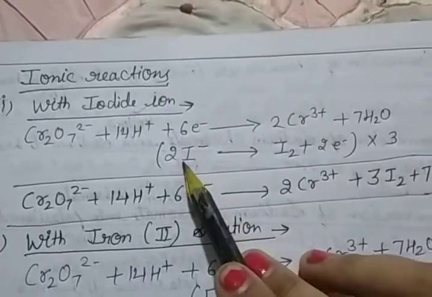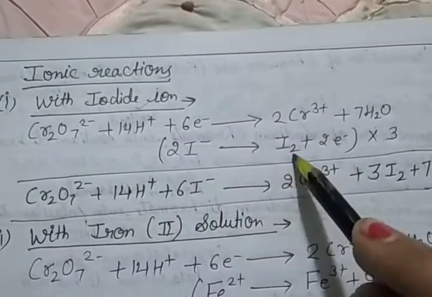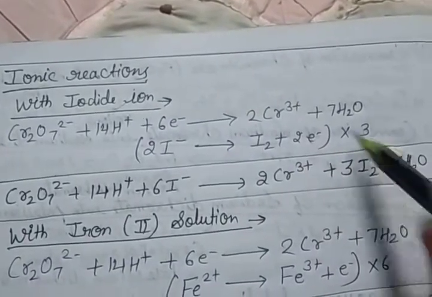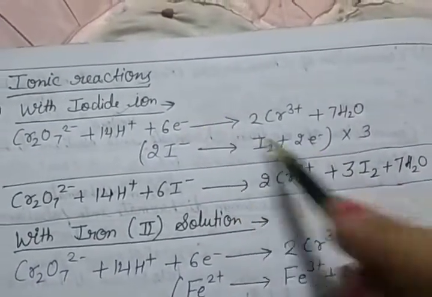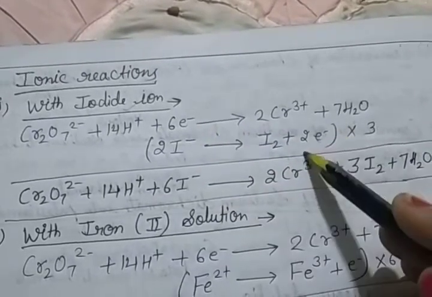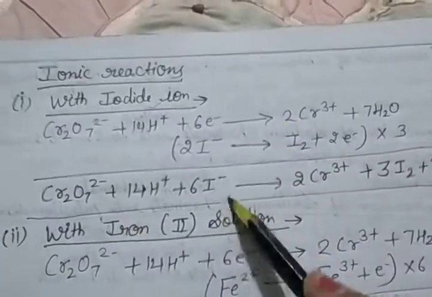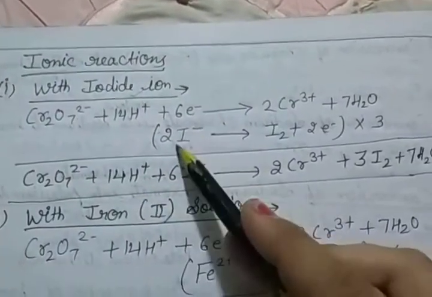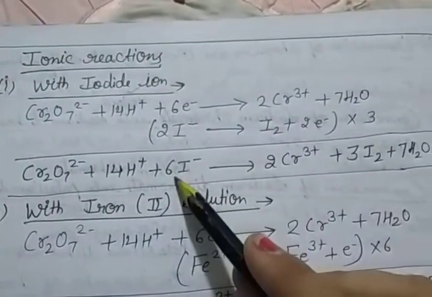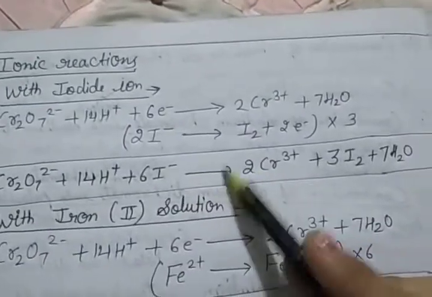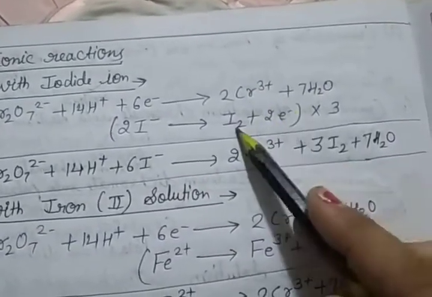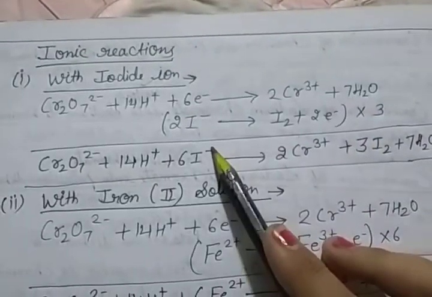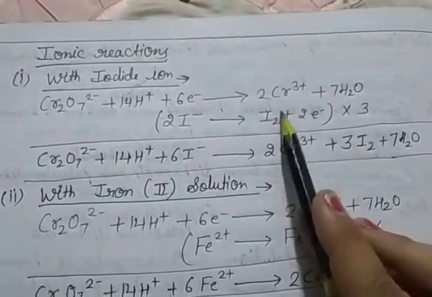And then iodide ion 2I- converts into I2 plus 2 electrons. For balancing, multiply this equation by 3 because 6 electrons must be equal. So 6 electrons cancel, and then write the total reaction: Cr2O7 2- plus 14H+ plus 6I-, and on the product side 2Cr3+ and 3I2 plus 7H2O. This is the ionic reaction with iodide ion.